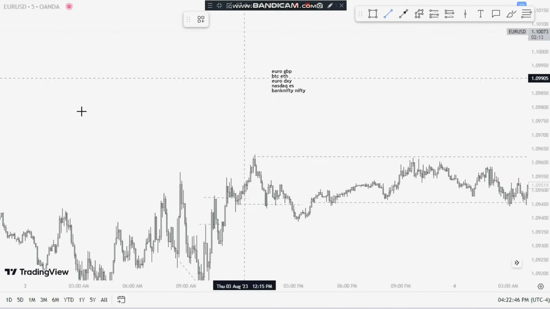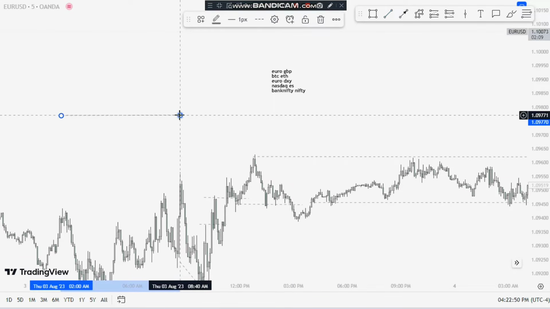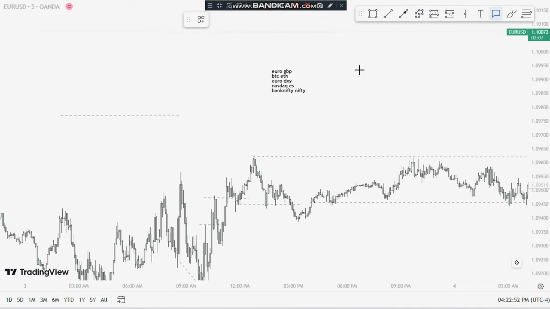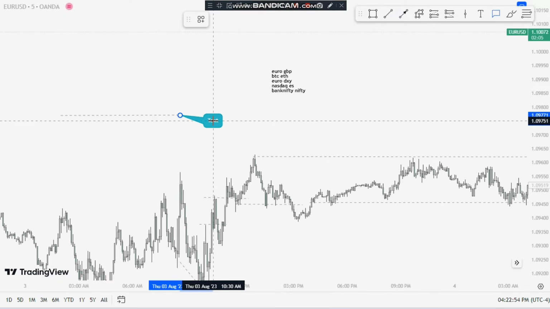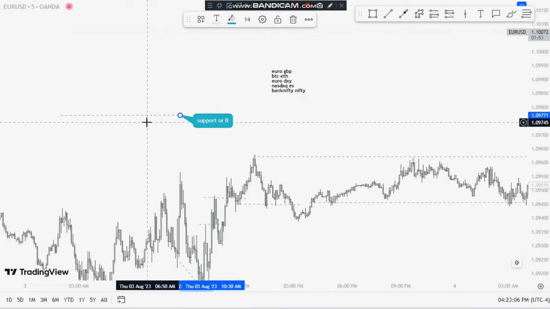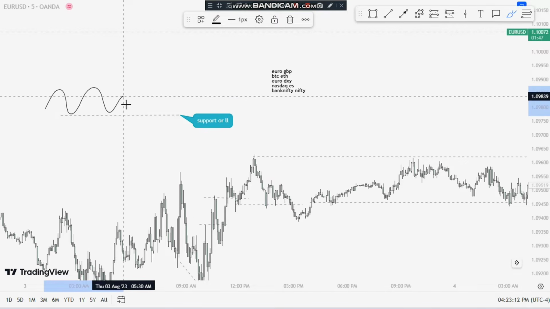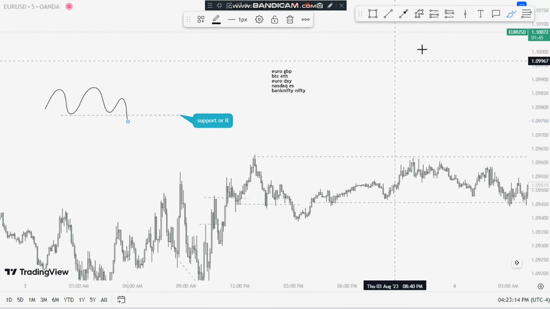Let's suppose this is your support, okay? Or this is the liquidity level. This can either be the support or the liquidity level. Let me write it, support or important liquidity level. I will write LL, liquidity level. So let's suppose this is this level and the price is trading above it, up, down, and then suddenly the price goes down.